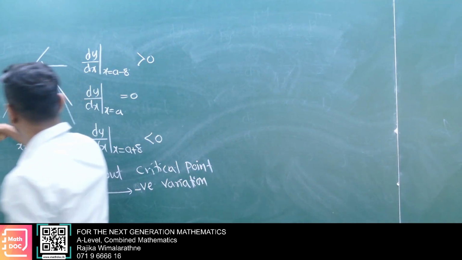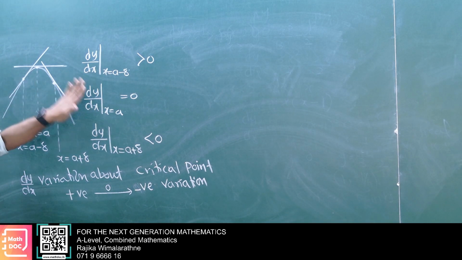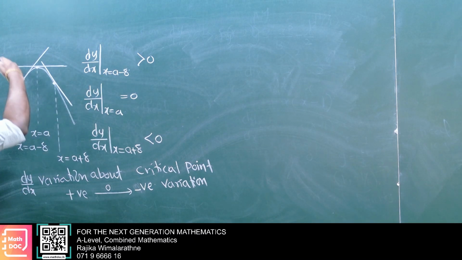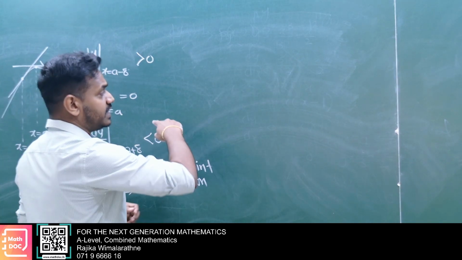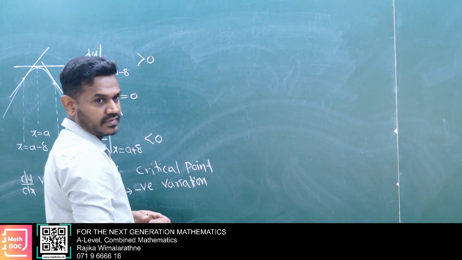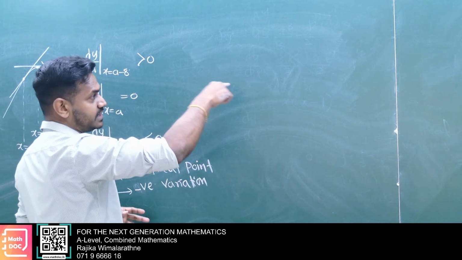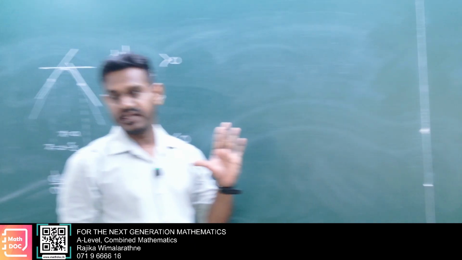Here positive, 0, negative. That's how we identify it. If you consider a minimum point, then it is the opposite: negative, 0, positive. Then increasing inflection: positive, 0, positive. Negative, 0, negative: decreasing inflection. Likewise, you can identify critical points.